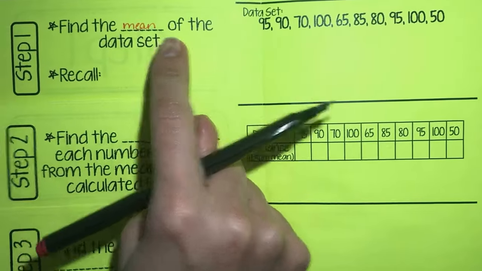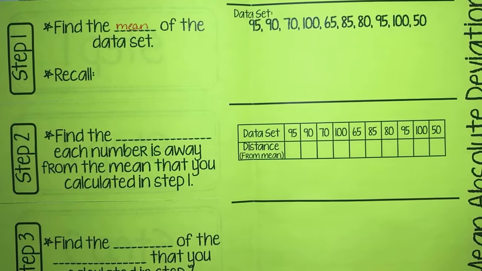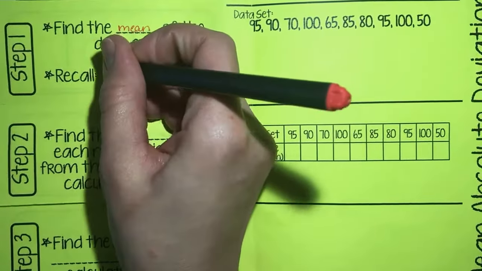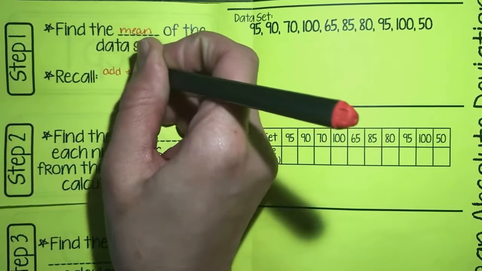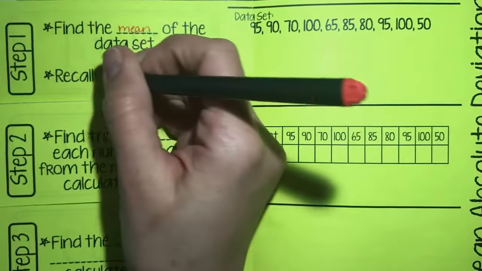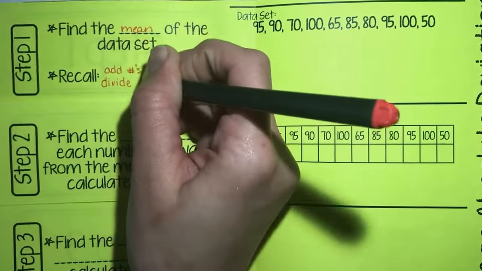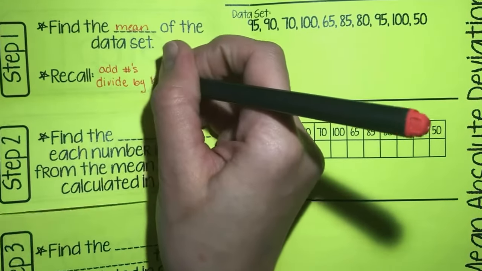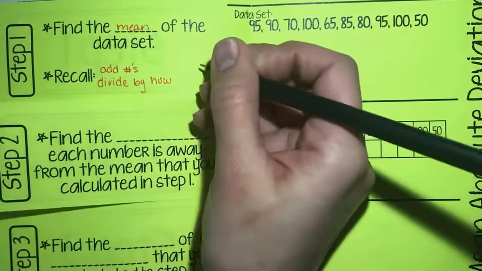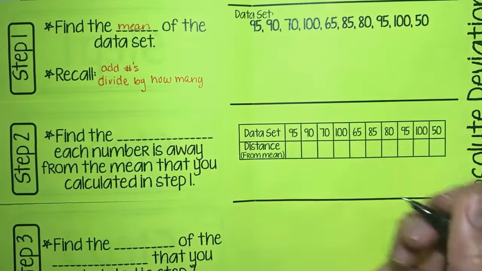So that's the first step, find the mean of this set. The mean is the average. So what do I mean by that? You're going to add the numbers, then divide by how many you added, or by how many numbers you have.